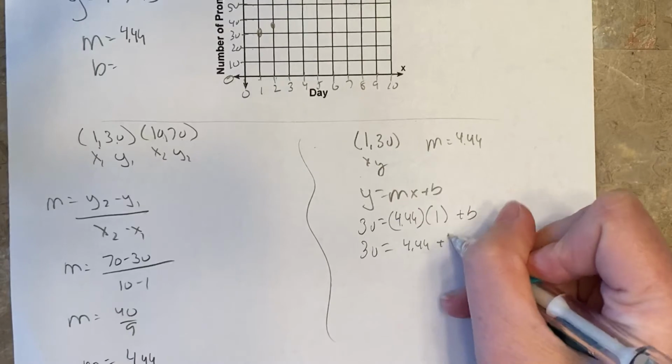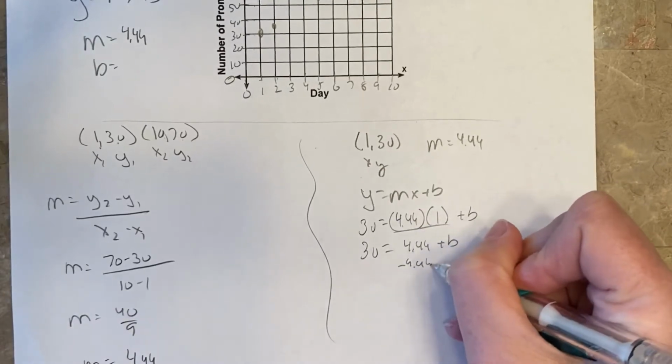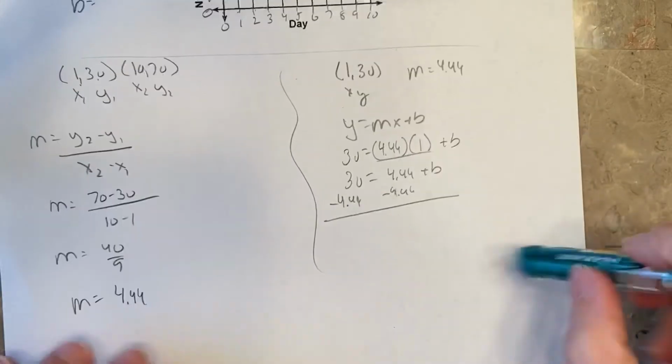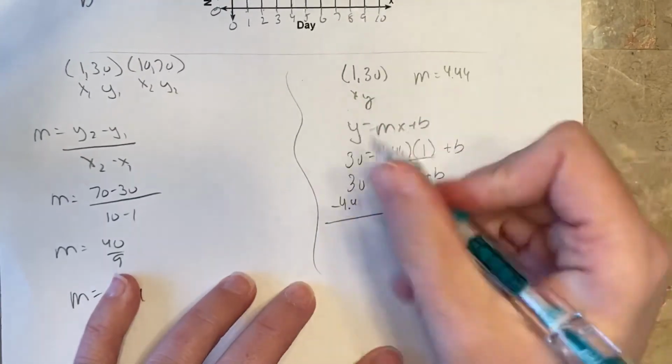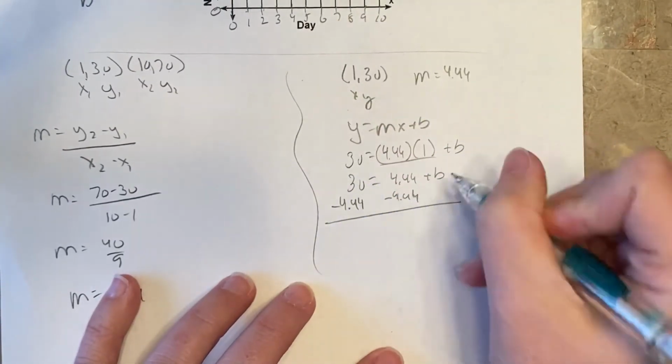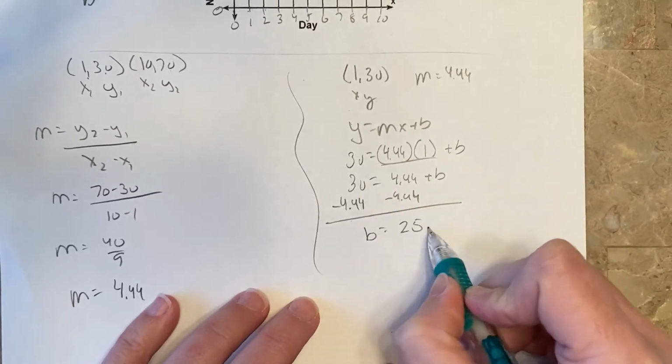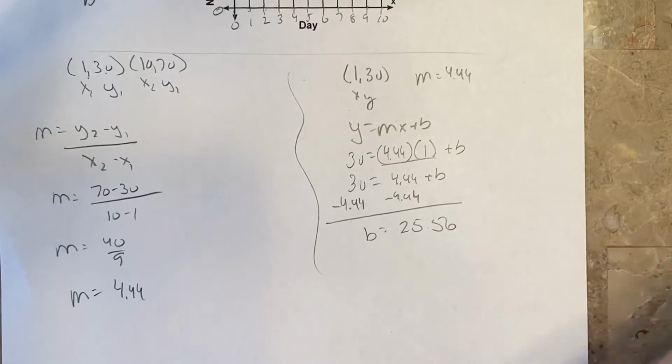So you do your multiplying first. Then we do our subtraction because we're doing our inverse operations. Okay, inverse operations. And 30 minus 4.44 is 25.56. Make sure I'm right. 30 minus 4.44 is 25.56.